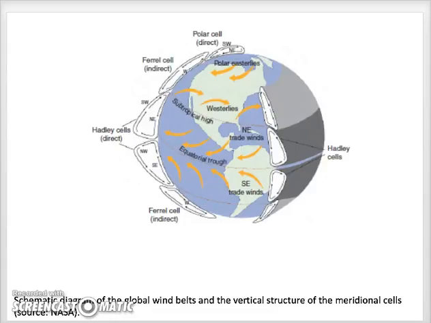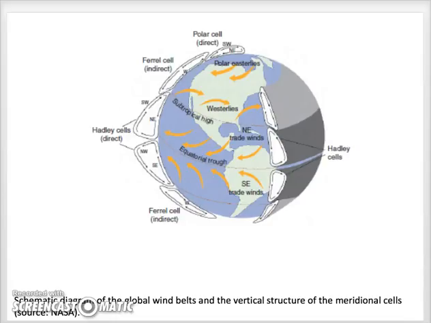So, meridional cells and zonal winds. This was first recognized by George Hadley in 1735, that air in the tropical trade winds flows towards the equator, and it turns to the right or left in the northern or southern hemisphere, due to the Earth's rotation, giving rise to northeasterly and southeasterly trades respectively.